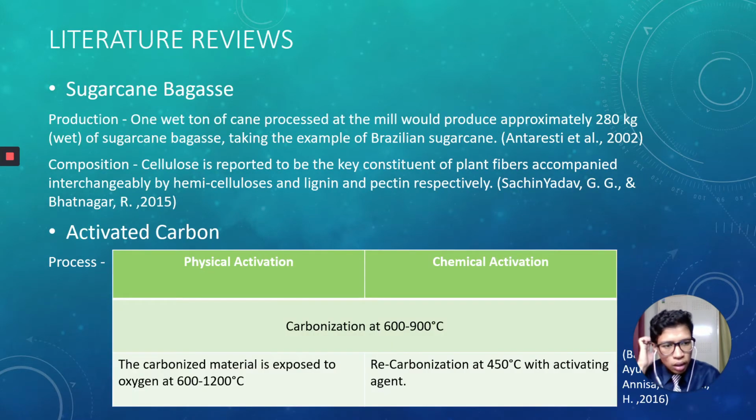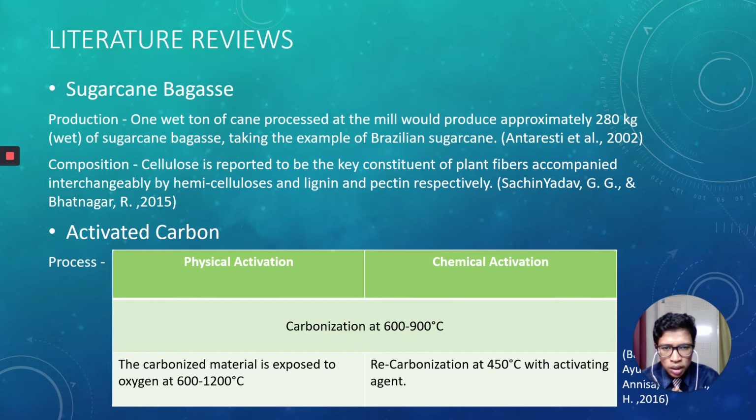Okay, now is the literature review. First is sugarcane bagasse production. From the production, about one wet ton of cane processed at the mill will produce approximately 280 kg of sugarcane bagasse.